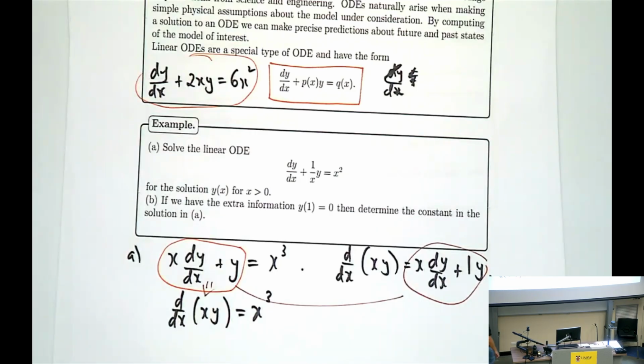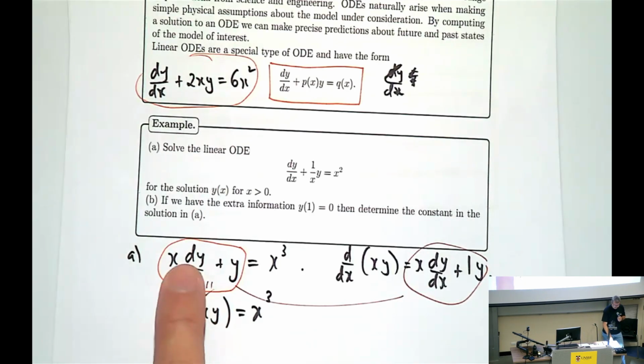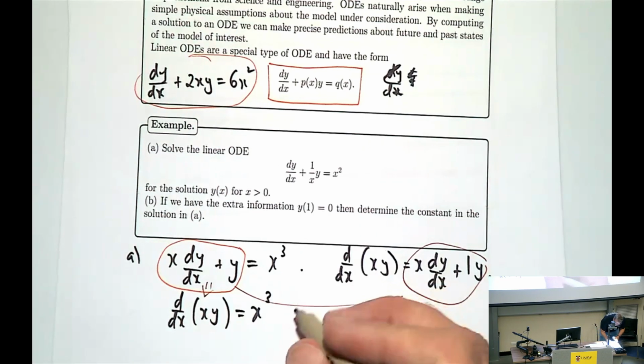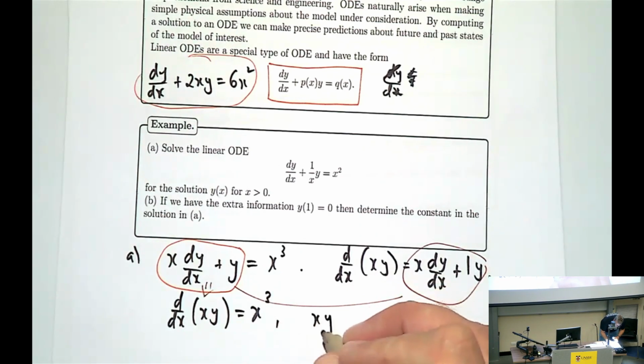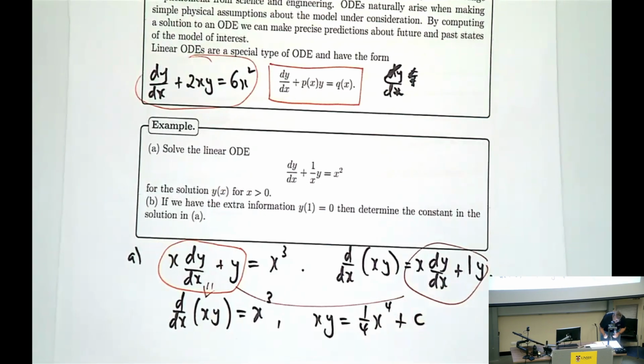So I've got these things trapped in this derivative. If I integrate, that'll come undone, and I'll get something like a quarter x to the fourth, plus a constant. I'm chasing the y, so what I can do now is just divide both sides by x, and I get y equals something.